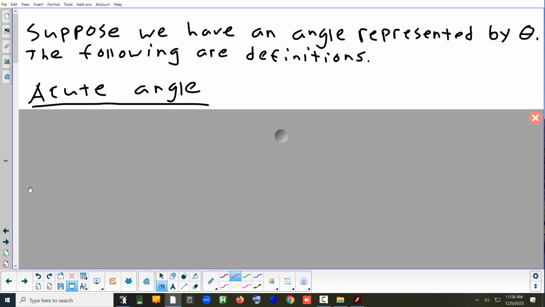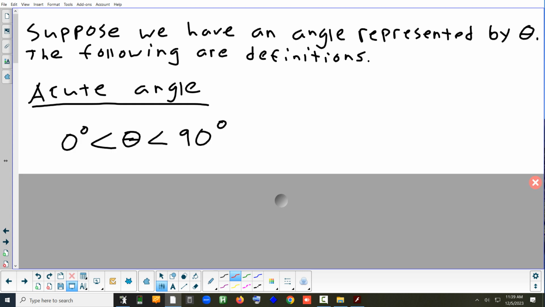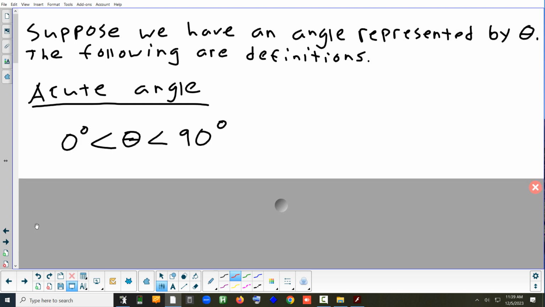Less than 90 degrees. I can think of an acute angle that's less than 90, or I can think of an angle less than 90, but it's not acute. It has to be greater than 0. So when we start getting into these negative angles, they don't have anything to do with the definitions I'm about to show you. Okay? An acute angle has to be between 0 and 90.